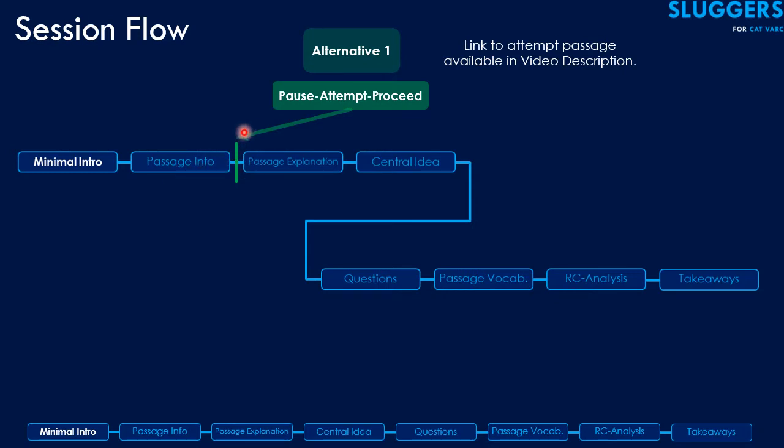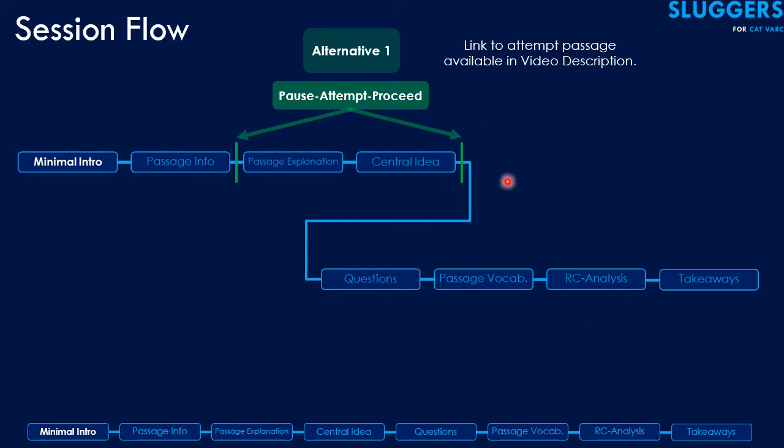So you can pause right after the passage information section, go attempt the passage, and then come back. Or, in case you have been facing substantial difficulties in VRC, especially in RCs, and you're starting from really basics, you can go through the explanation of the passage and the central idea, then attempt the passage, and then come back, unpause the video and watch the rest of the section.